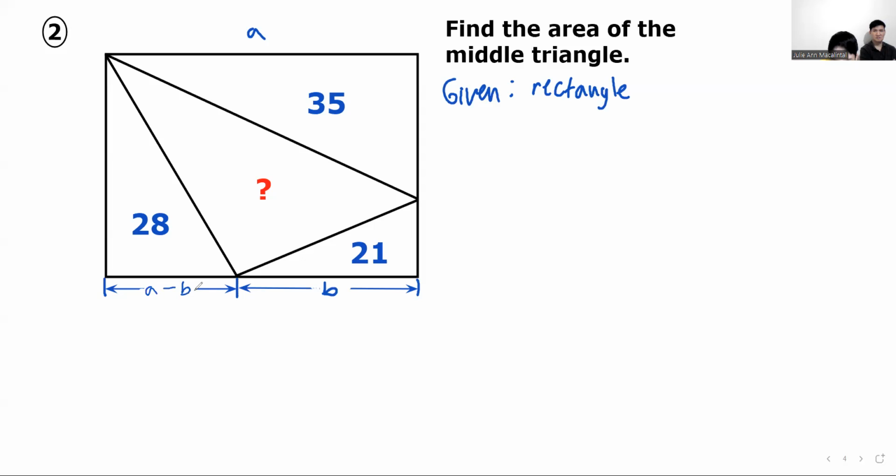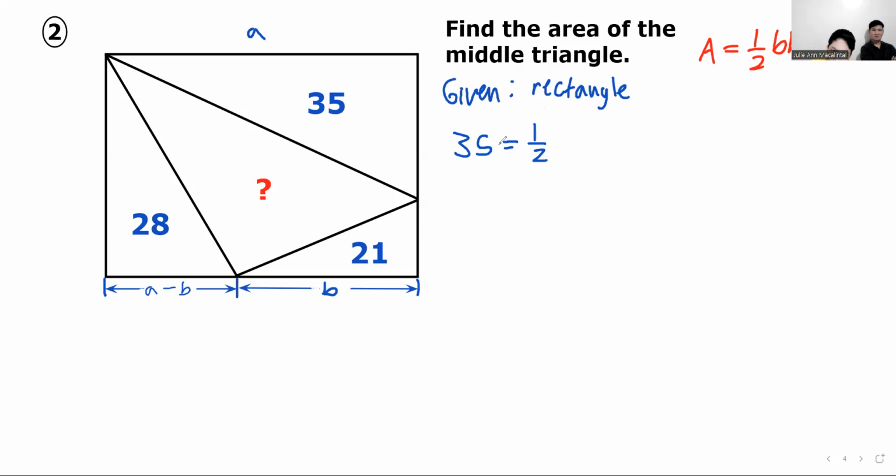Okay. A very important fact about triangles that we will probably be using extensively here is that the area of any triangle is equal to one half the measure of its base times its height. So first we will start with the biggest triangle, which has area 35. 35 is equal to one half base.